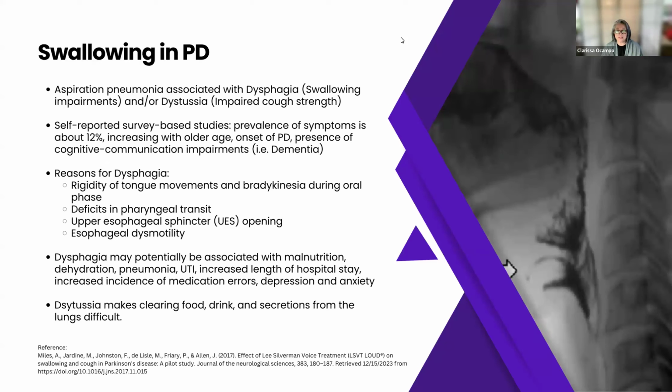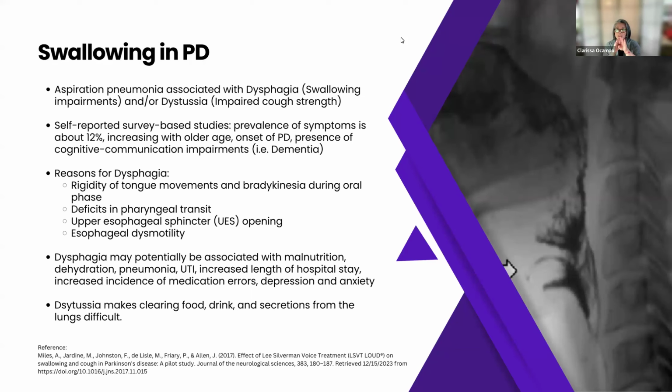So the voice and the swallowing mechanism are actually the same system, right? The larynx is where the vocal folds are. And the vocal folds, when you are voicing, need to close at 100%.